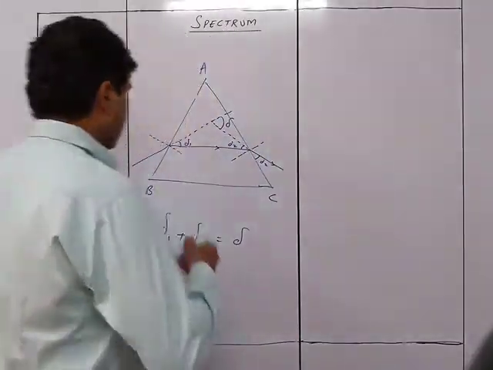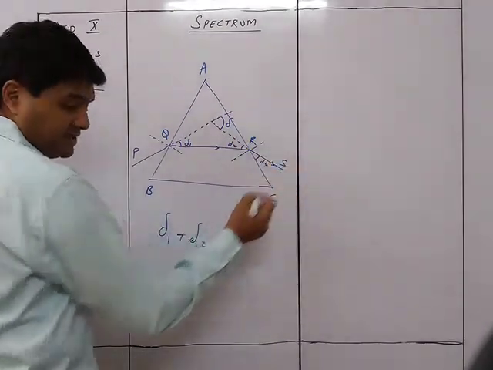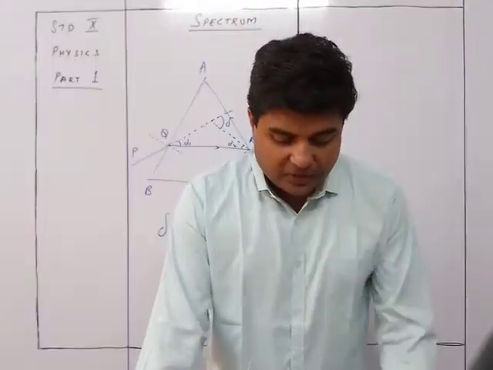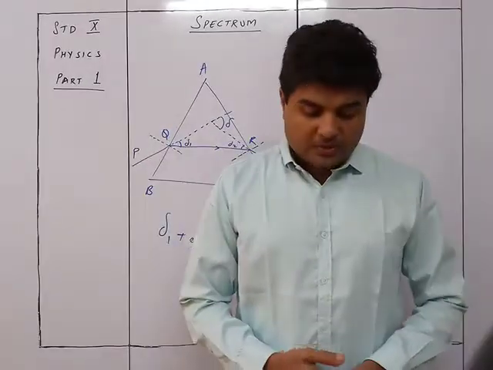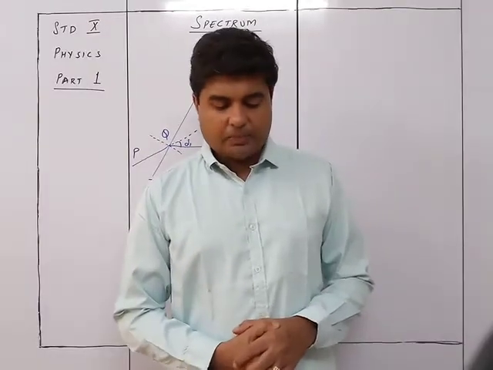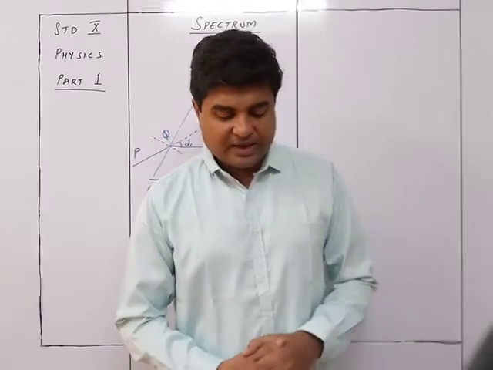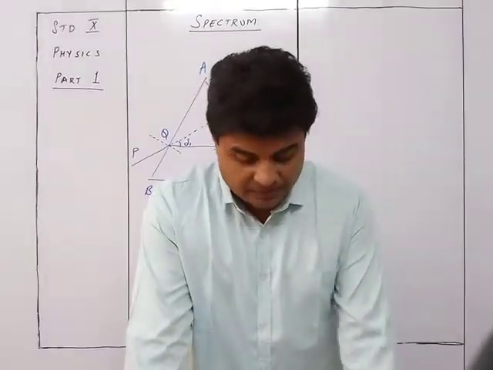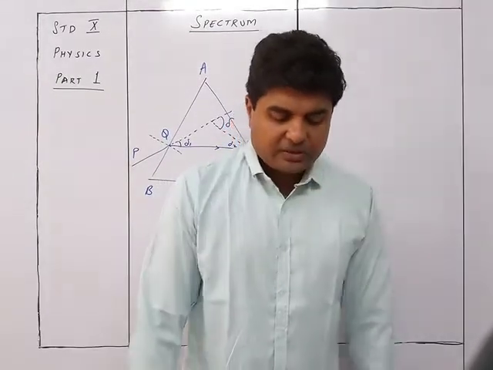So they are given over here that this is P, this is Q, this is R, and this is S. These are the ways it is moving. Accordingly, QR gets further deviated, say by an angle delta 2 towards the base BC, and travels straight as RS outside the prism. So the angle of deviation delta 2 depends on the angle of inclination at the second surface, which depends on the angle of the prism, and the refractive index of air with respect to glass for the emergent ray RS.